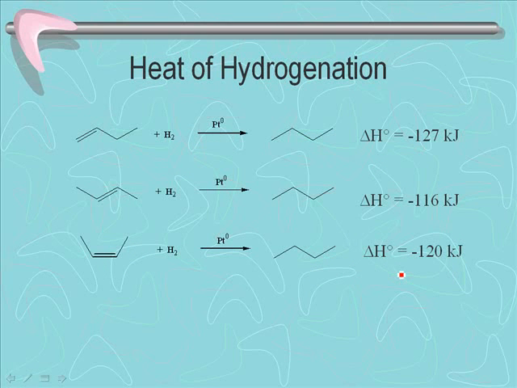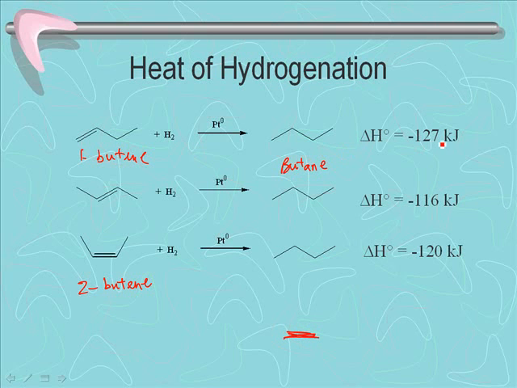Now, if we look at a series of alkenes with 4 carbons in their structure, 1-butene, and cis and trans 2-butene, all 3 of these molecules form exactly the same product, butane, when they react with hydrogen. So the energy of the product is the same in all 3 of these reactions.